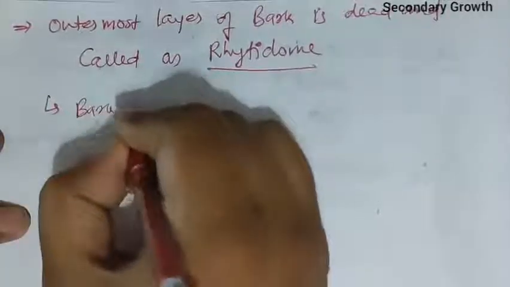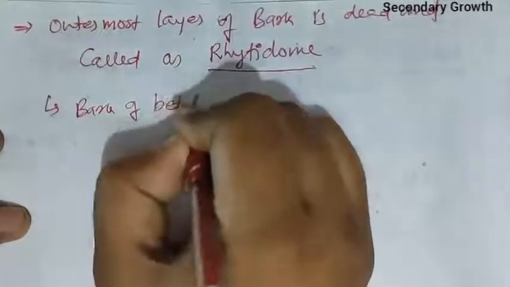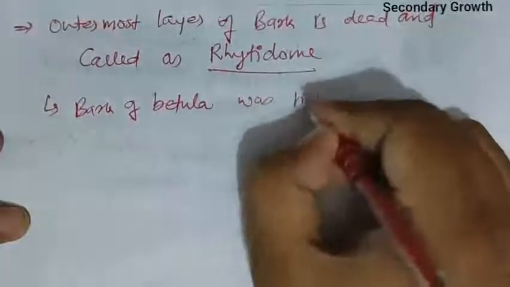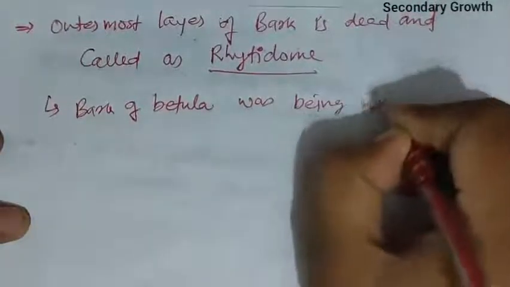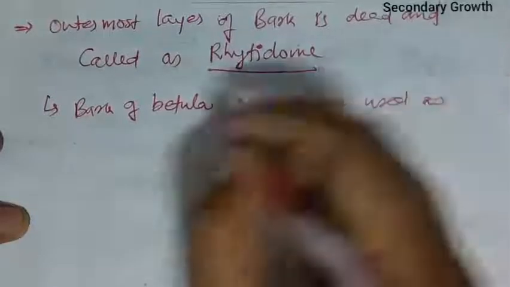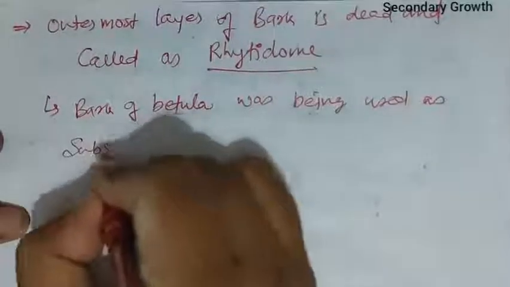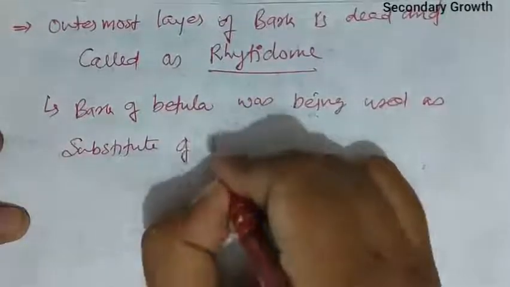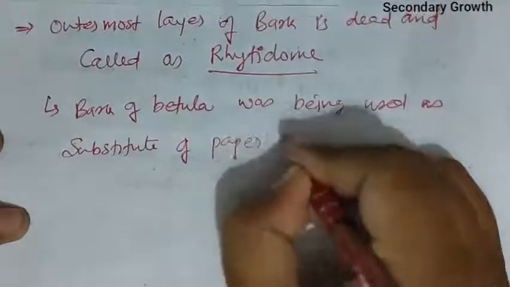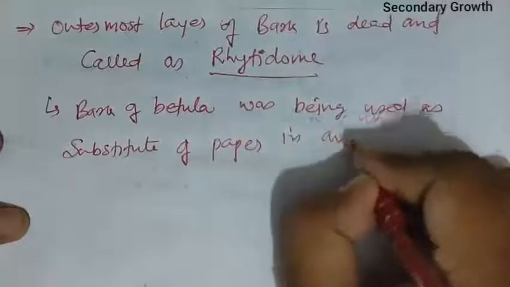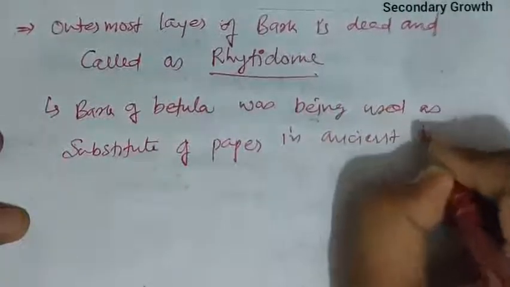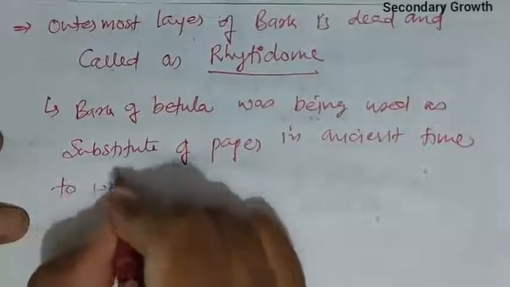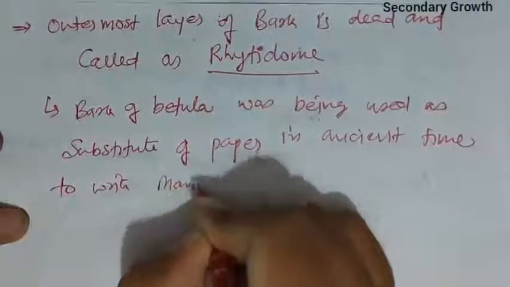Bark of Betula was being used as a substitute for paper in ancient time to write manuscripts.